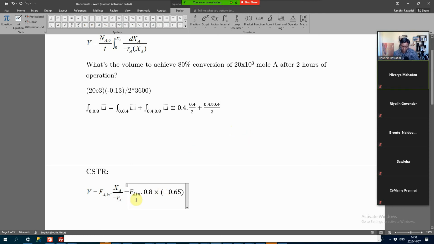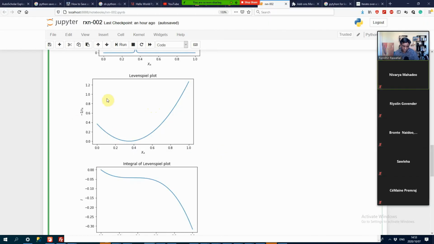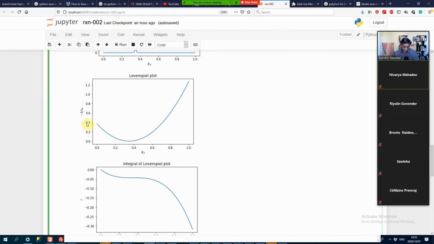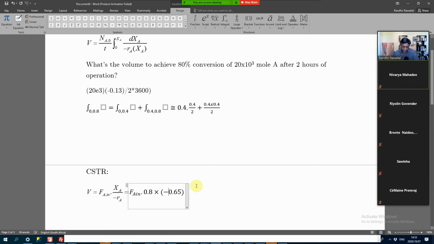So I read here from the Levenspiel plot, so that's already 1 over RA, so that's why it's times, right? You could read this as XA times 1 over RA. So 1 over RA is minus 0.65, and then times 0.8. That's the volume that we need. So that's how we can estimate the required volume to accomplish that conversion given a specific molar flow rate.